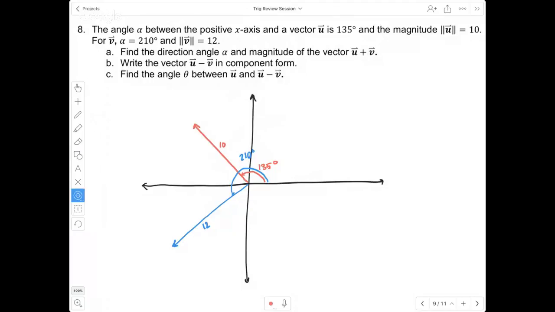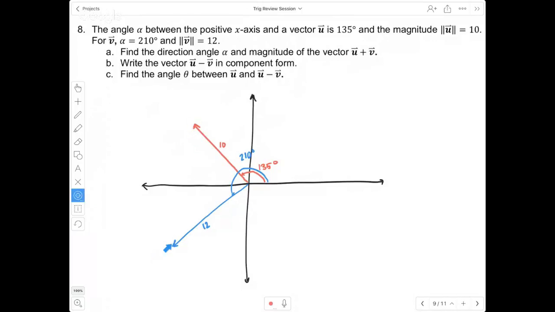Anyway, number 8. Find the direction angle alpha and the magnitude of the vector u plus v. Is our first step A? In order to find the sum u plus v, I want to visualize that. I could take the blue vector and bring it to the end of the red vector.